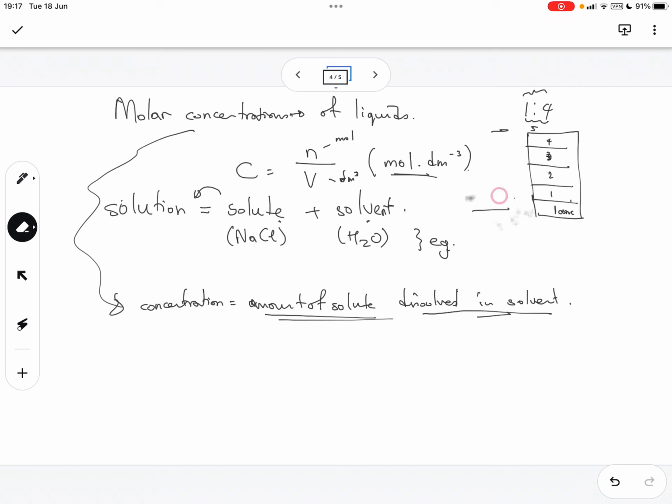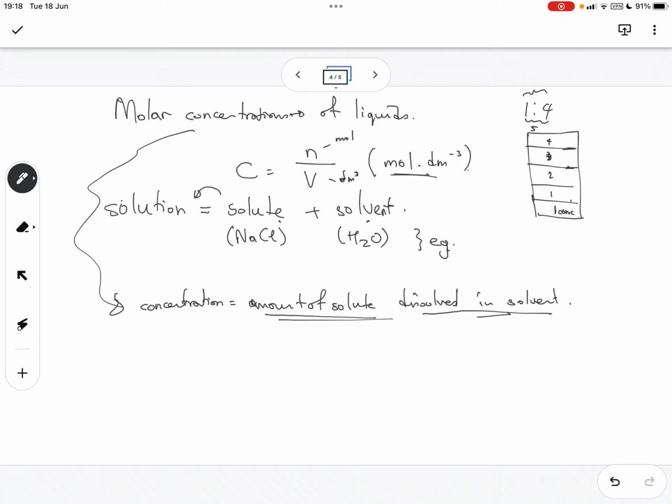We find that we've reduced the concentration, so we've diluted it. Just as I made the example earlier, the more spoons of coffee you put in your coffee, the more concentrated it becomes. That also works in reverse.